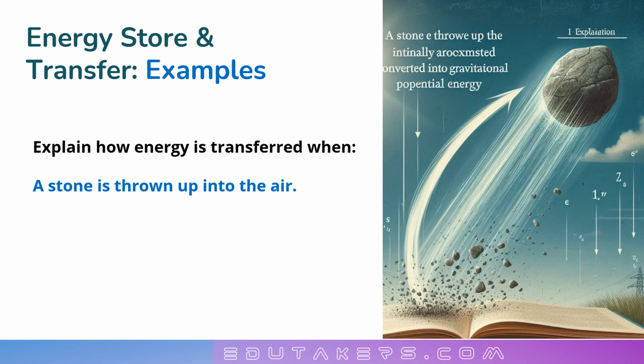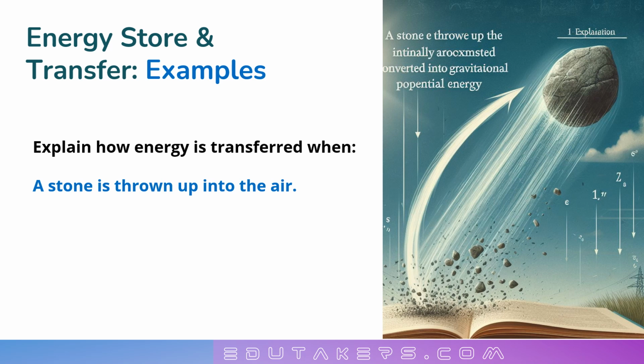When a stone is thrown up into the air, we observe a series of energy transformations. Initially, the person throwing the stone imparts kinetic energy to it. As the stone ascends, gravitational potential energy increases while kinetic energy decreases. At the highest point, when the stone momentarily stops, its kinetic energy is entirely converted into gravitational potential energy.